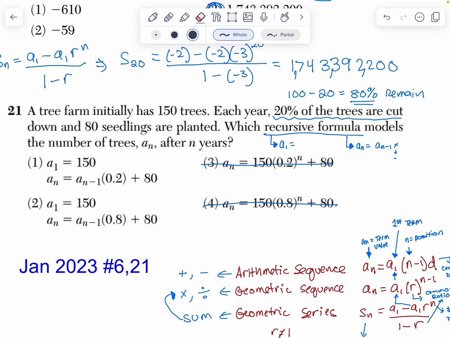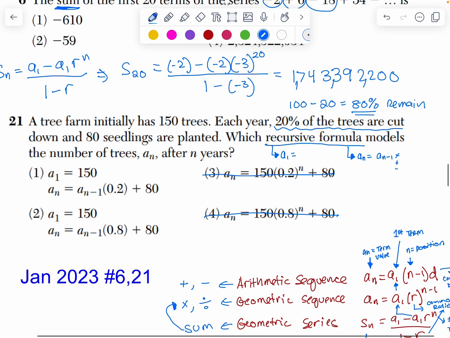So if I take my previous term, the term before it, multiply it by 0.8, I am left with how many trees are left. And then I add an additional 80 because the seedlings are being planted. So if I wanted to find out how many I had next year, I would take 150, multiply it by 0.8, and add 80 to it. Okay, and so those are what we call recursive.